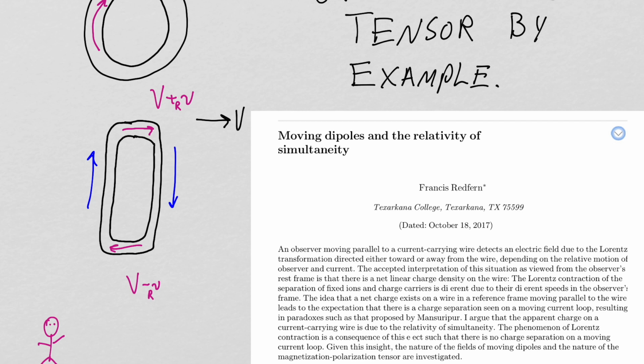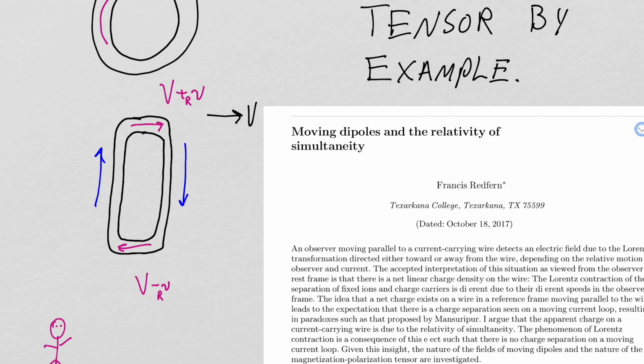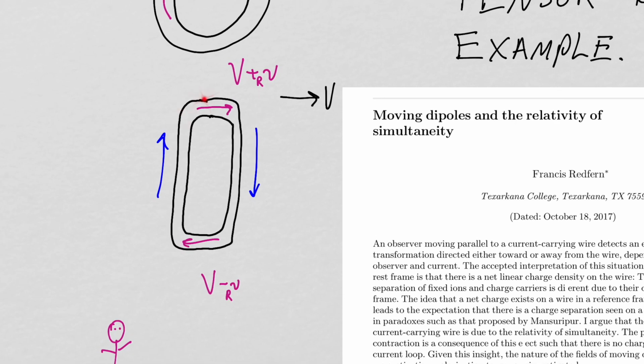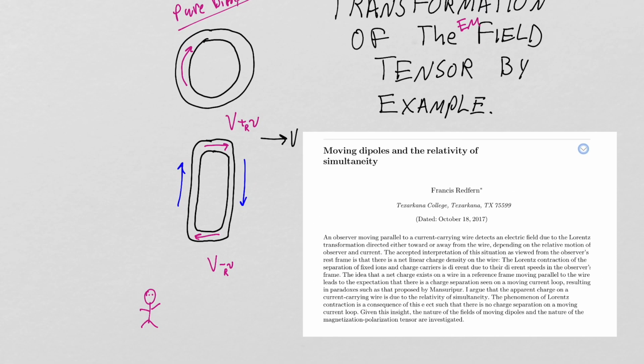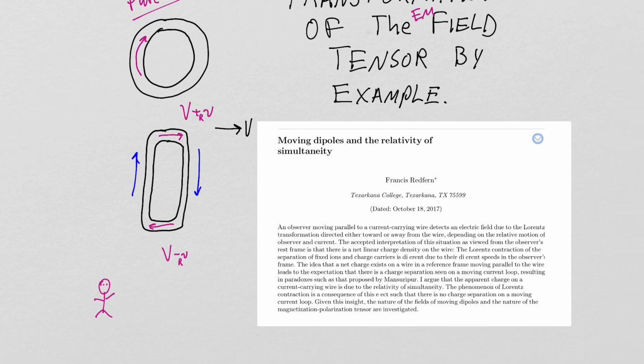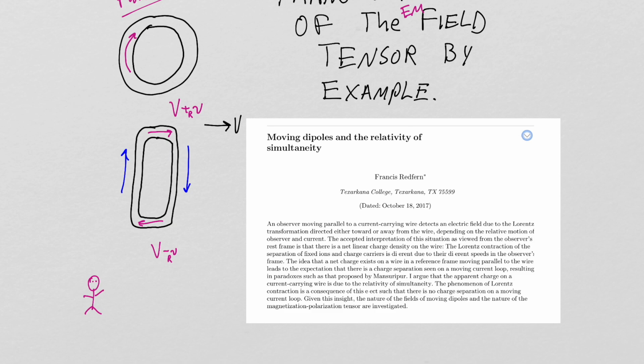So there's some version of the rod and the ring that manifests itself here. So when I talk about current in this direction, current in this direction, and all this, I'm talking about a snapshot in time that doesn't really exist. I need to talk about things that are simultaneous in the lab frame, and I need to look at the simultaneity of this in comparison to the moving frame. And he discusses this in great detail in his paper.